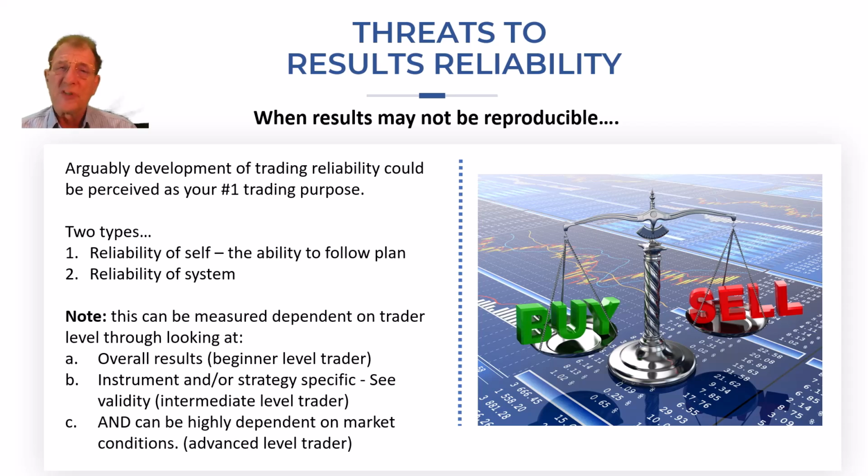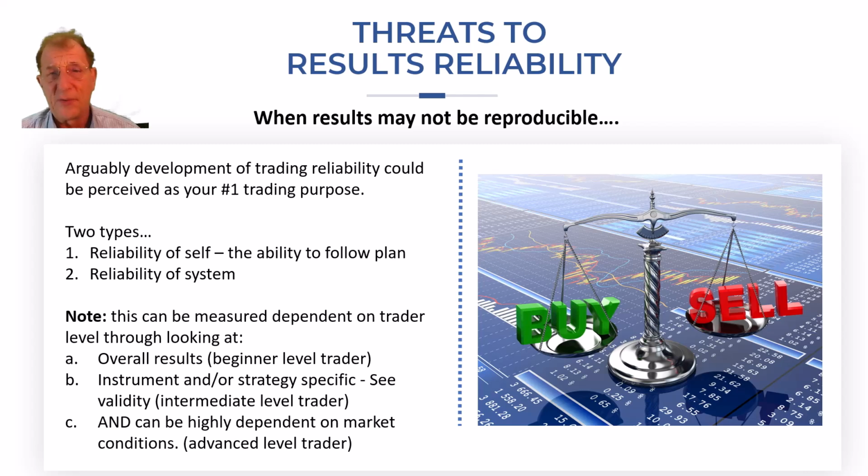And thirdly, once you move to an advanced level trader, we start to look at results within the context of a particular market type. We know there are times when markets can be choppy intraday, not seeming to have any consistency in movement, either up or down. We know other markets may be significantly trending in one direction or the other.